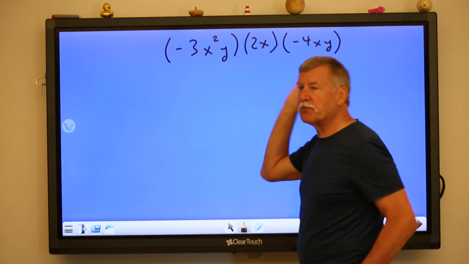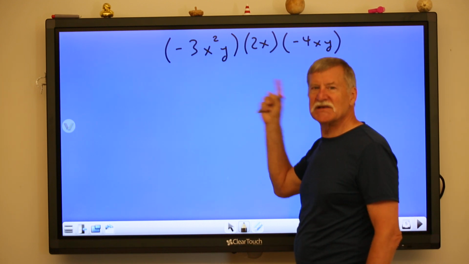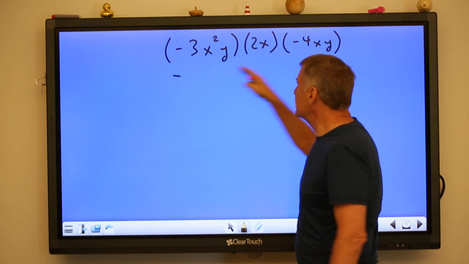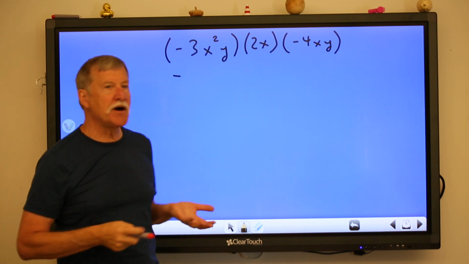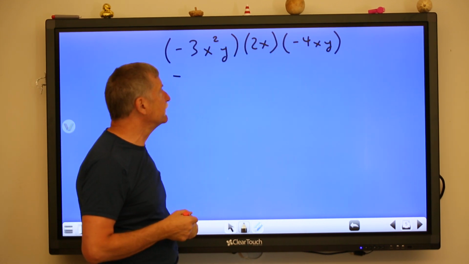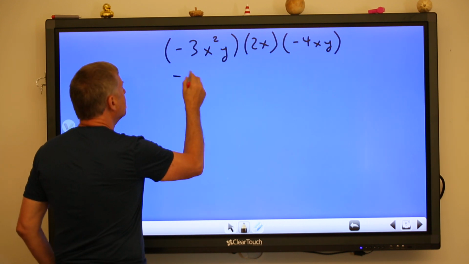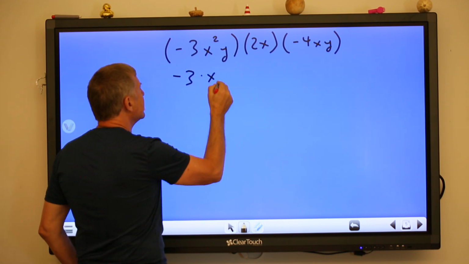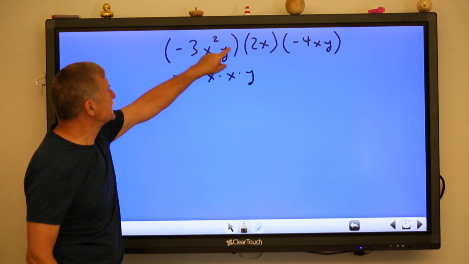Now, you'll see problems like this, all right? Recognize this is one term. This is all one thing. It's just one long multiplication problem. There's no plus or minus sign separating any of this stuff, all right? So, we want to look at this as minus 3 times x times y, right? That's what this is.